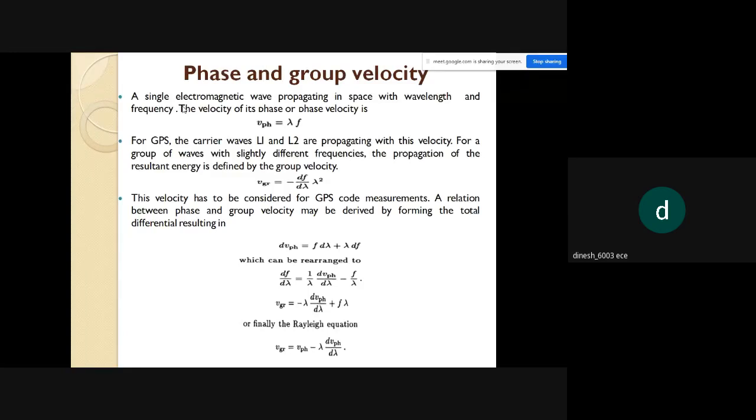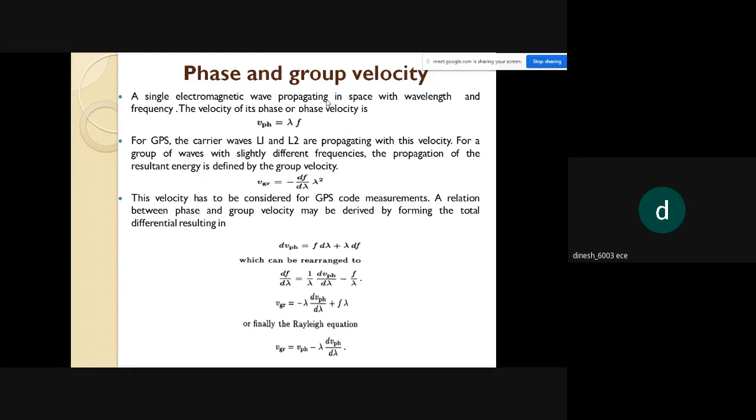A GPS signal, whatever is being transmitted, has its own phase and group velocities, which can be determined as follows. For a single electromagnetic wave propagating in space with wavelength lambda and frequency f, the phase velocity is the multiplication of the wavelength with its frequency.